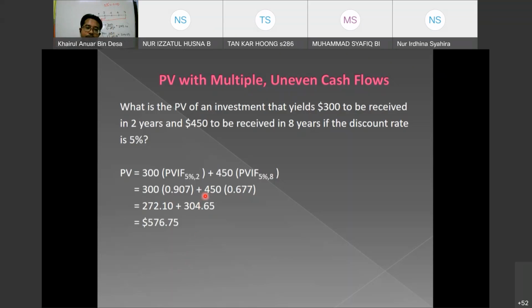Okay, let's go to the table. Okay, this is from table. Macam apa tadi cakap, this is from table. This is from formula. Now we go to the table.